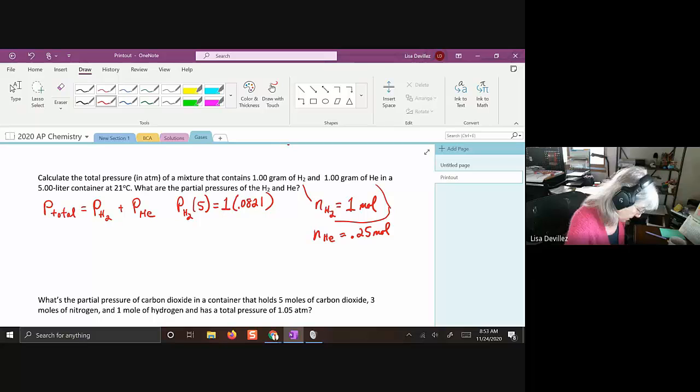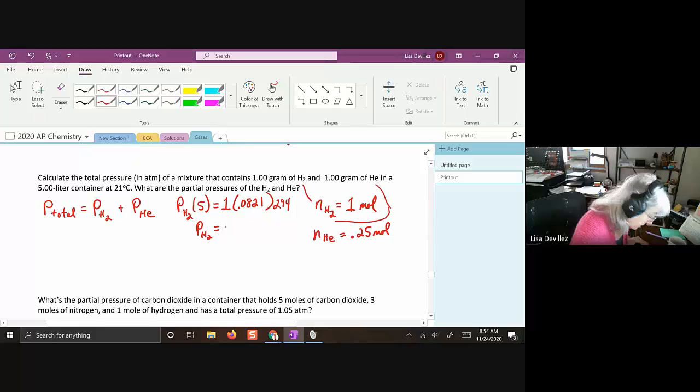Let's try that again. Okay, 294. So my partial pressure of the hydrogen then is going to be that divided by 5. So I get 4.83 ATM.